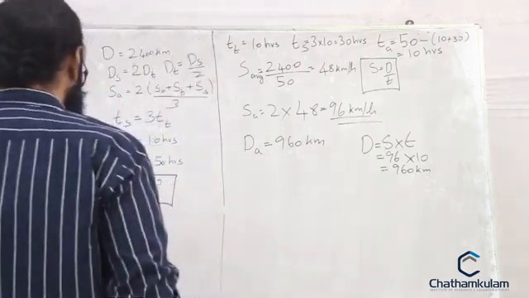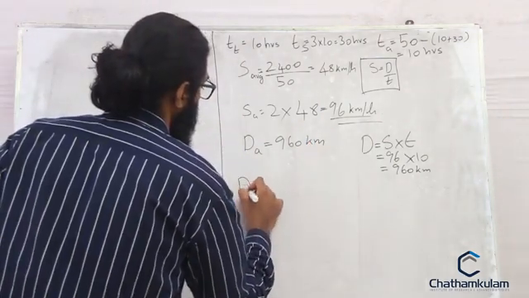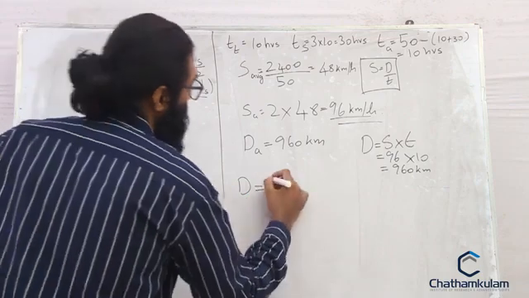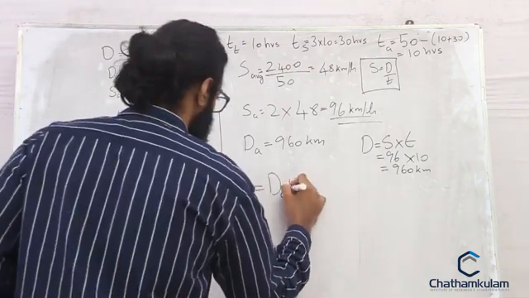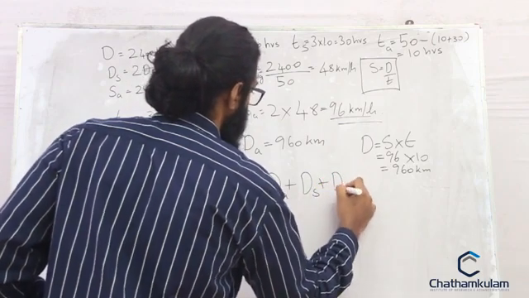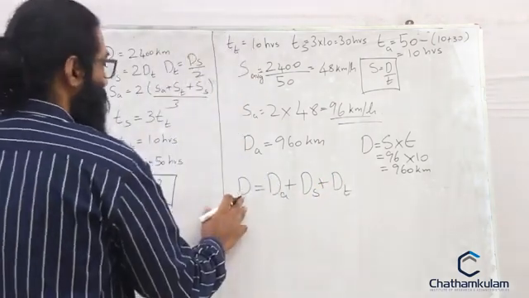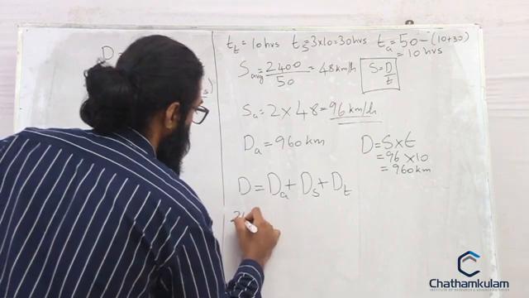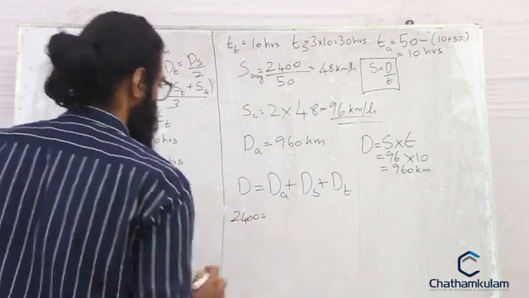Right. So we know the total distance travelled is equal to distance travelled in aircraft plus distance in ship plus distance in train. We know the total distance is 2400, which is given in the question.